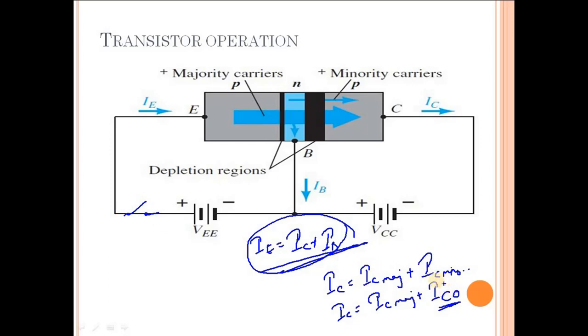So in some texts IC minority is more popularly written as ICO, to refer to the collector current which exists when the emitter terminal is open.